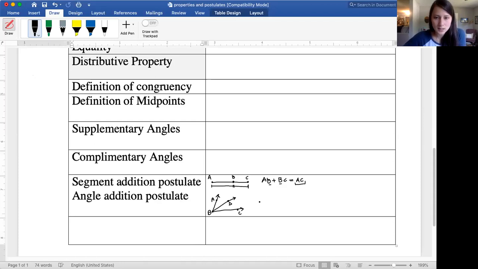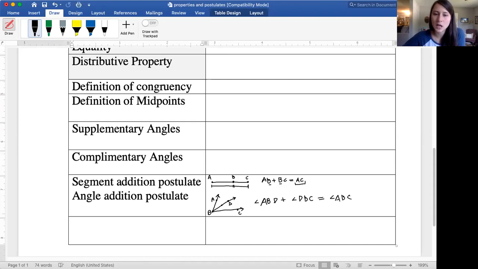So what this is saying is if I have 2 adjacent angles and they share a ray, then the 2 angles added to each other equals the entire bigger angle. So angle ABD plus angle DBC will equal angle ABC.